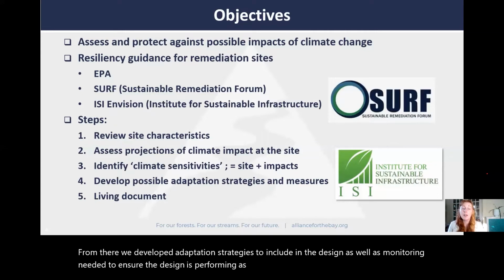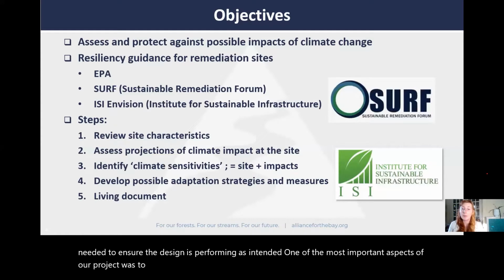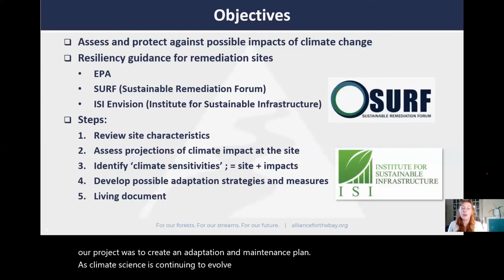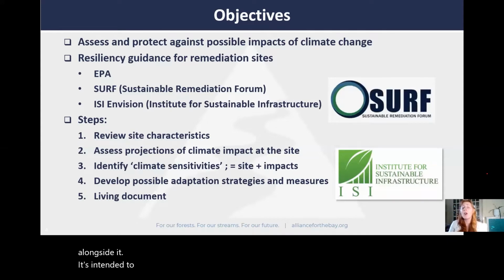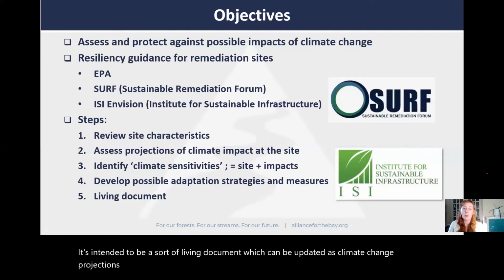One of the most important aspects of our project was to create an adaptation and maintenance plan. As climate science is continuing to evolve, this plan ensures that the project is able to evolve alongside it. It's intended to be a sort of living document, which can be updated as climate change projections and project specifics, such as monitoring and maintenance, are also updated.